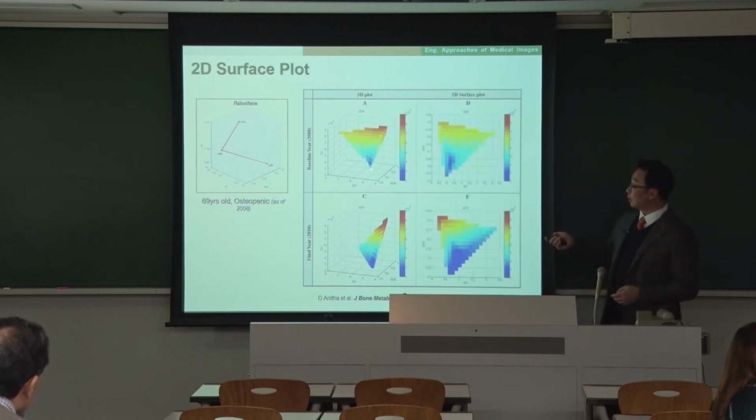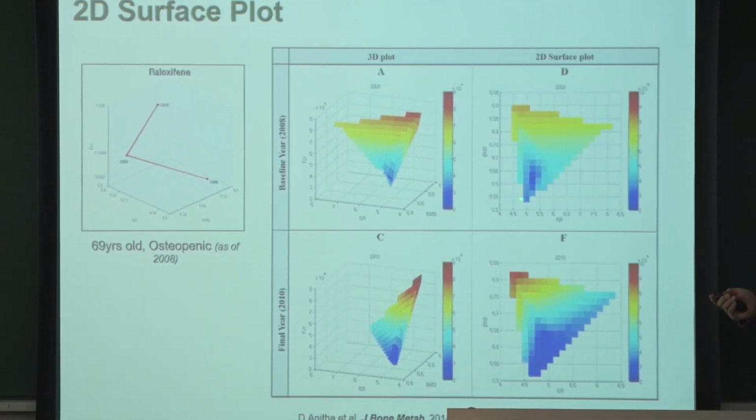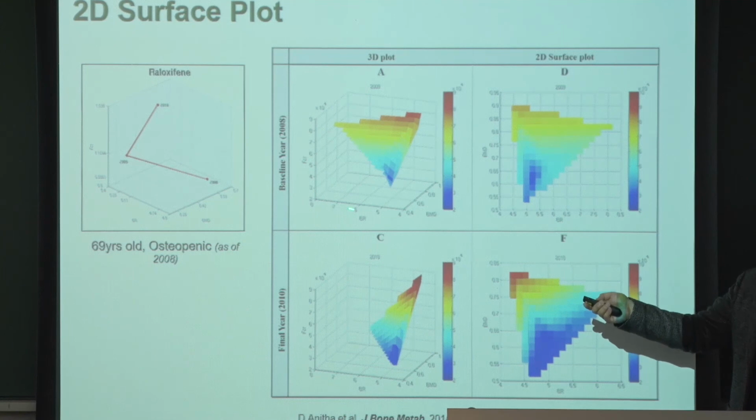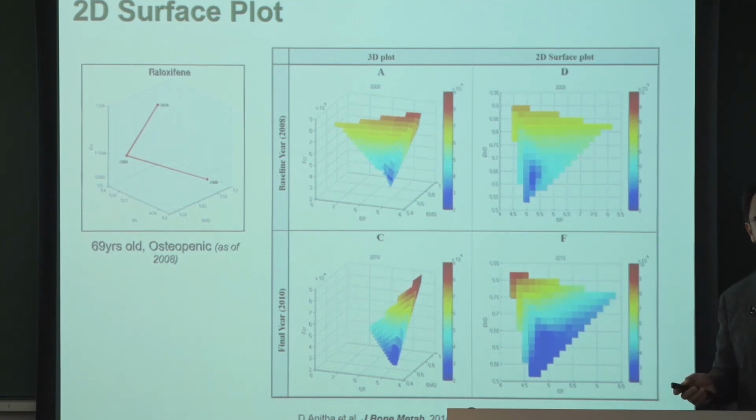If you look at it here, this point is located here, and this probably here. So this one is the critical fracture load from structural analysis, the Buckling ratio from geometric analysis, and bone mineral density, which is the material property. If you look from the top, this is what we get.